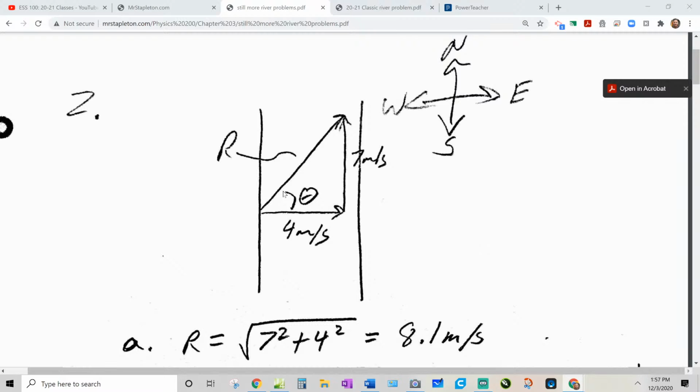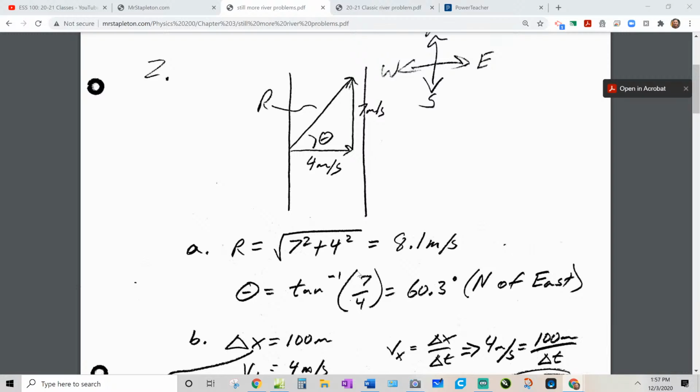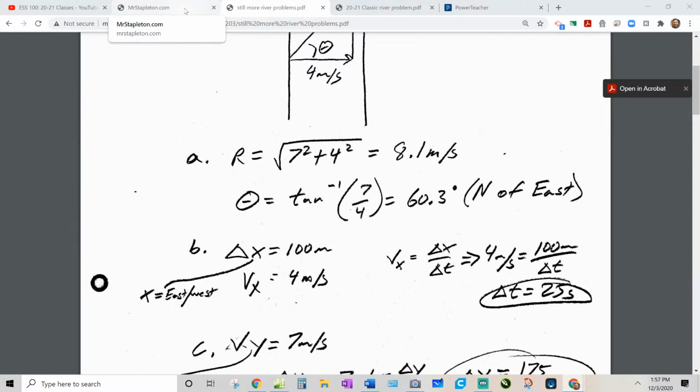So the 4 meters per second, that's all we need to figure out the time it takes to get across the river, that and the width of the river. This component is going to tell us how far we move up the river during an amount of time. So a lot of people feel like they need to calculate what that distance is in order to get the time, but you don't. You could do it that way, but it's extra work for you. Any questions? If you have any, just bring me back to whatever you want to talk about.